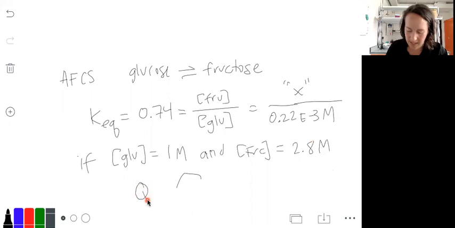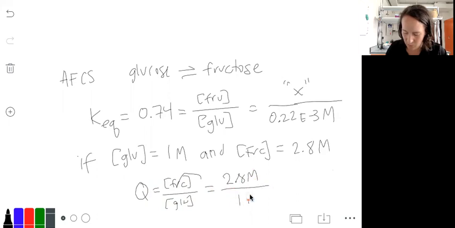And remember, Q and KEQ have the same formula. So Q is equal to the concentration of fructose over the concentration of glucose. And in our snapshot values, fructose is 2.8 molar and glucose is 1 molar. So our Q is 2.8.